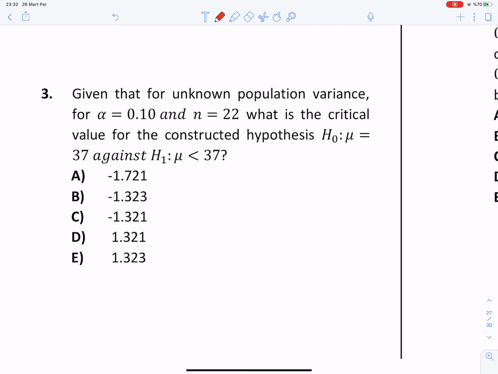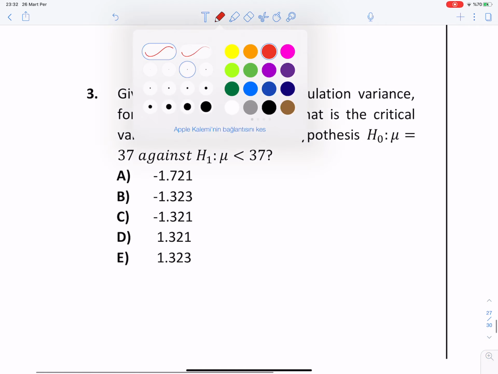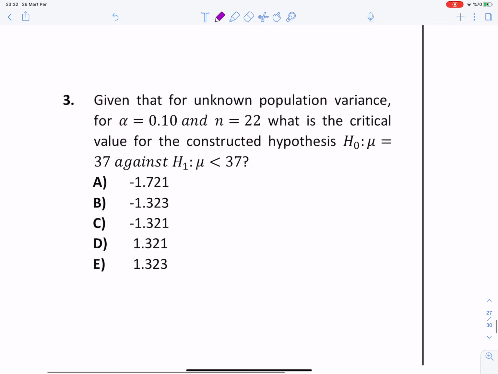And this is a one sample t-test. Remember, for the one sample t-test, and the degree of freedom, to get the critical value, we need to know the degree of freedom. The degree of freedom for this exercise should be, remember, equals n minus 1, which makes 22 minus 1, it is 21.